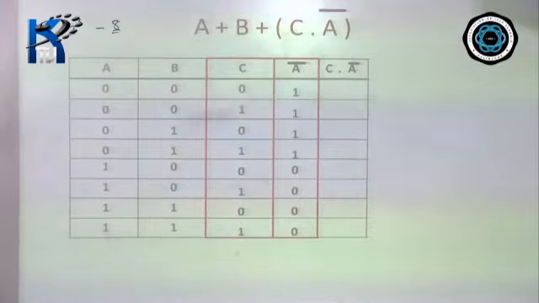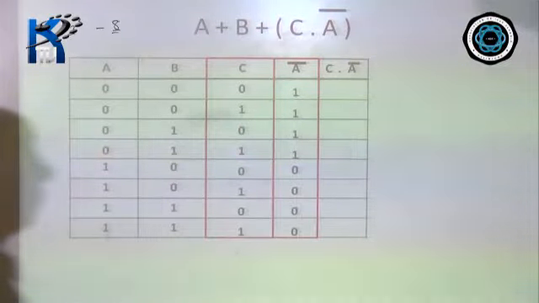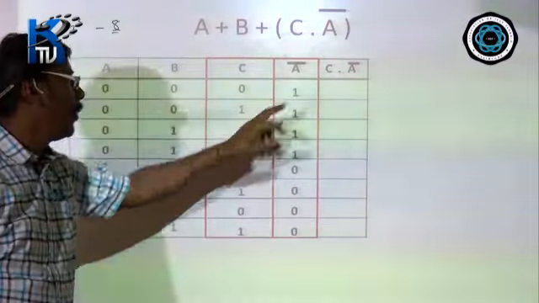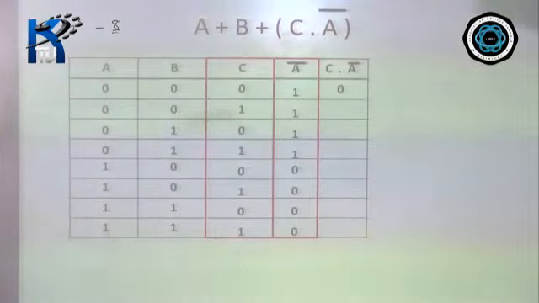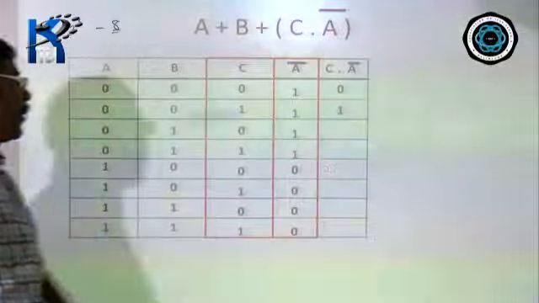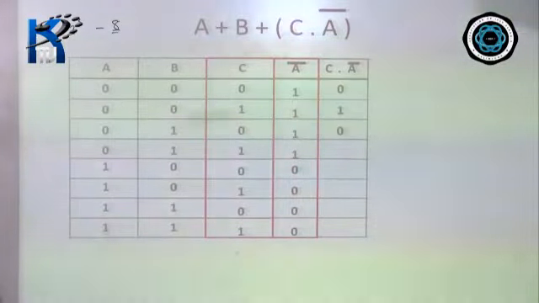Okay? So C dot A complement. In case of dot, dot means AND gate. AND gate means if both are 1, then only the output will be 1. In all other cases, it will be 0. So first row, 0, 1 will be 0. Next one we have got both 1, 1, 1. So it becomes 1. Third one is again 0, 1.